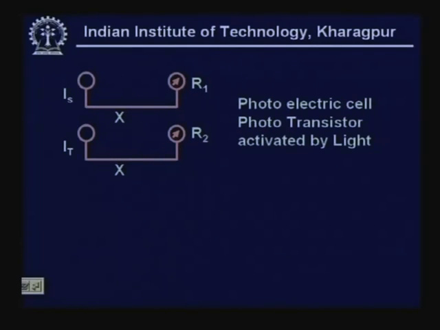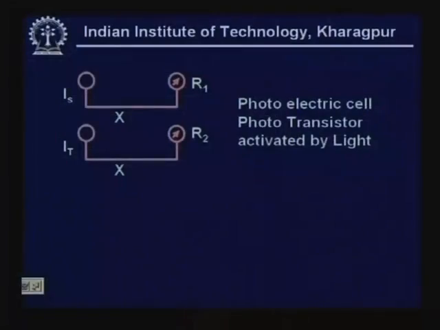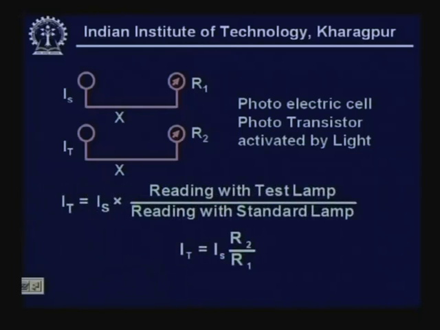Instead of varying the distance, for the same reading of the lux meter, if I use a lux meter and position it at a certain distance x on the photometric bench from, say, a standard lamp and get a reading R1, and again on the same bench I replace the standard lamp by the test lamp and maintain the same distance x between the lamp and the meter, I get a new reading R2. Then we can relate.